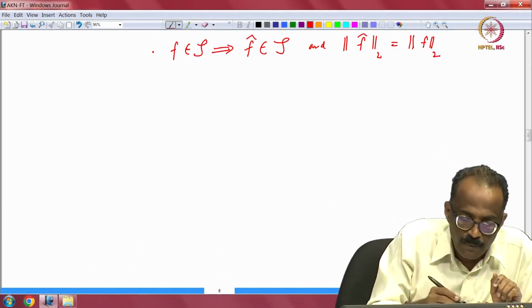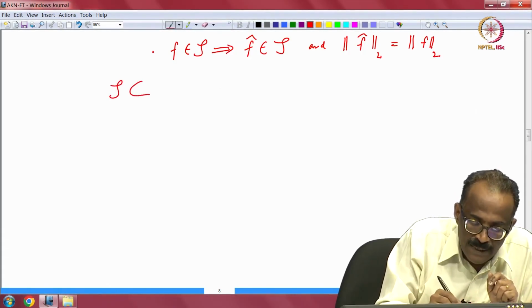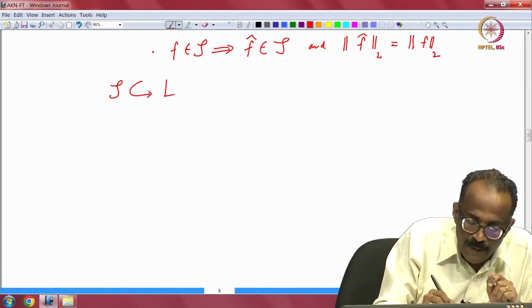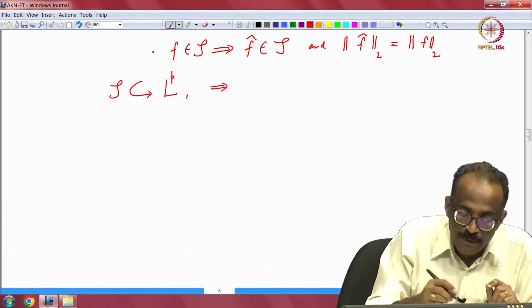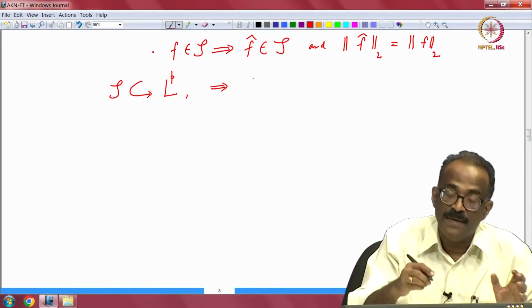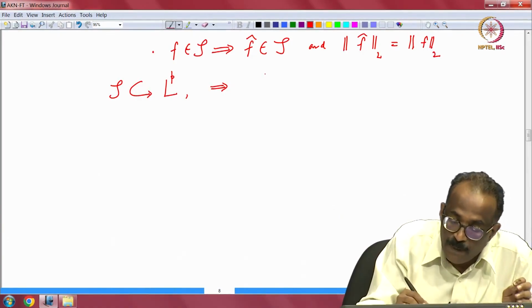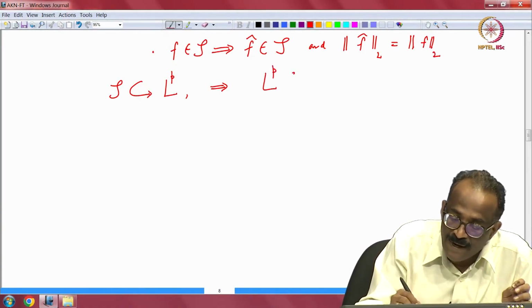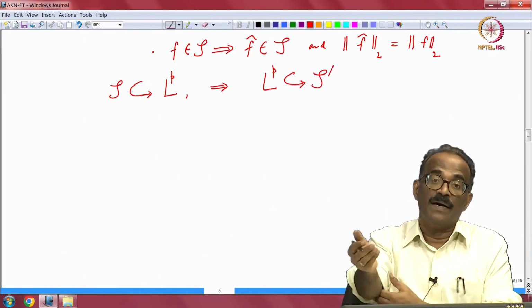So, what have we proved? Zeta is in LP. You can also prove, because it is true for every LP, that by taking duality you get every LQ. This is equivalent to saying that LP is contained in zeta prime, so all LP functions.